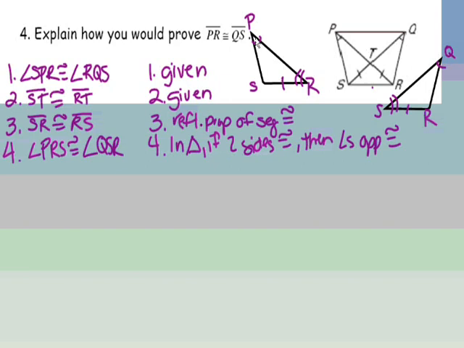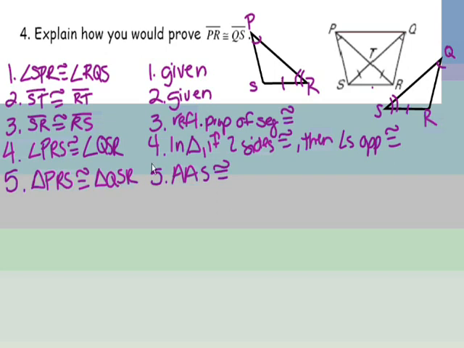So what we actually have going on here is angle, angle, side. So I can now say that triangle PRS is congruent to triangle QSR, and my reason for that is angle, angle, side congruence.